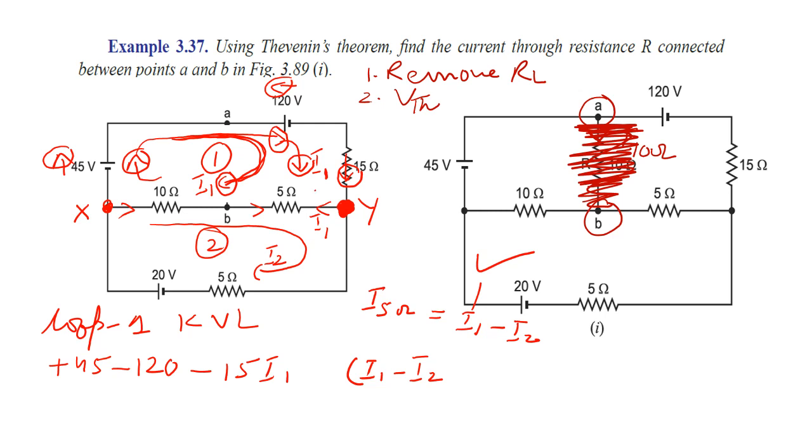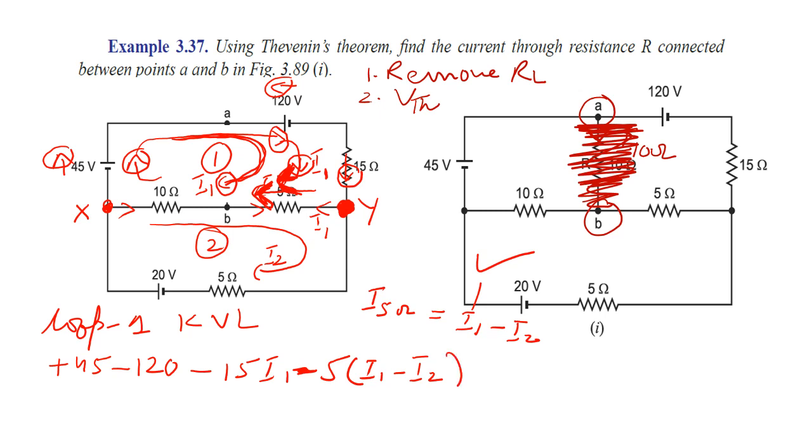The loop is going like this, so this is the loop direction and this is the direction of current. Both have the same direction, so a minus sign will come here, minus 5.